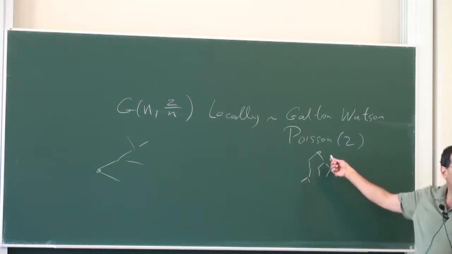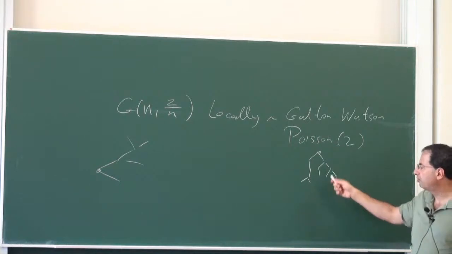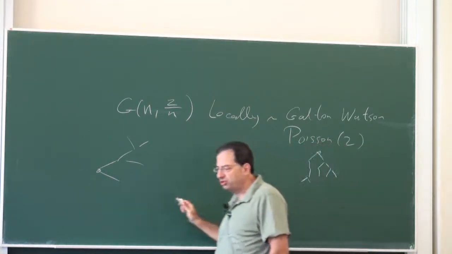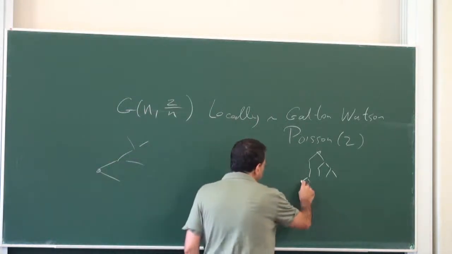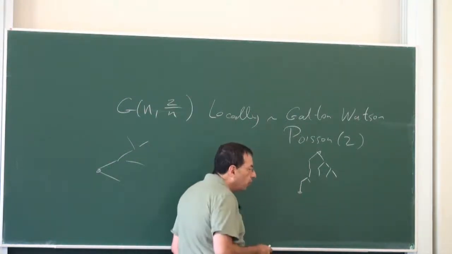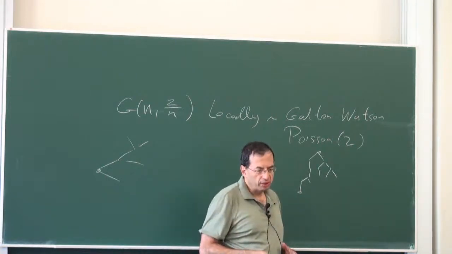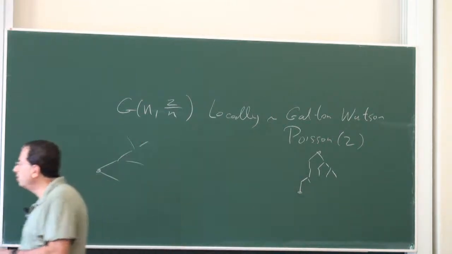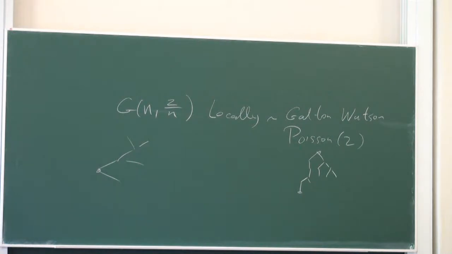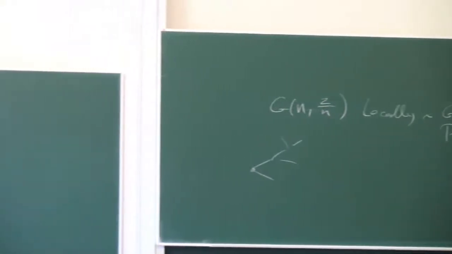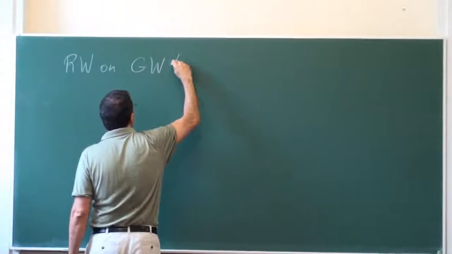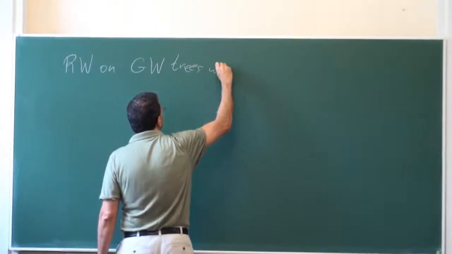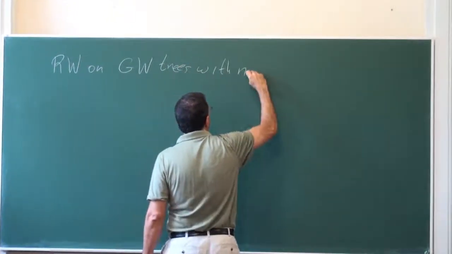Consider a random walk on this kind of random tree. But the Poisson 2 tree is an example of a tree that can have leaves, so a vertex could have no children. I'm going to simplify matters right now and consider, for a moment, a random walk on Galton-Watson trees with no leaves.